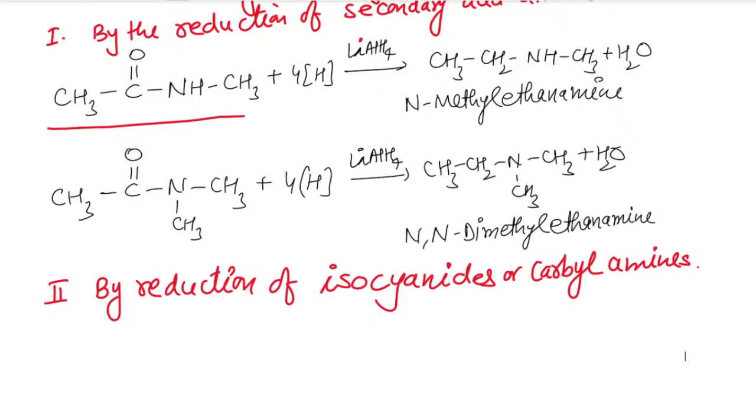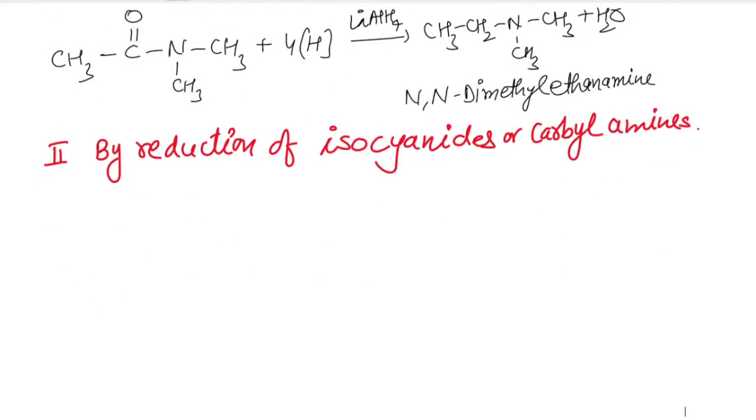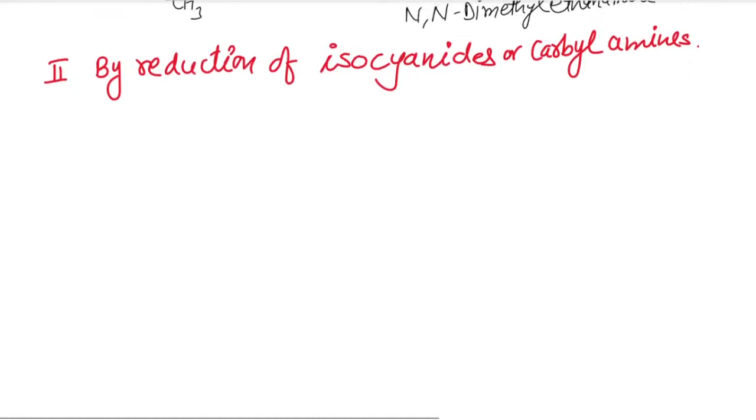So when we reduce isocyanides, or we can say carbyl amines, this is CH3N triple bond C.